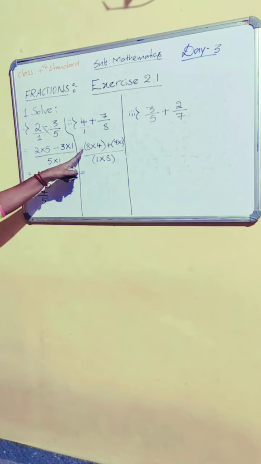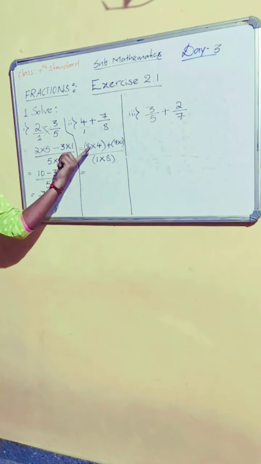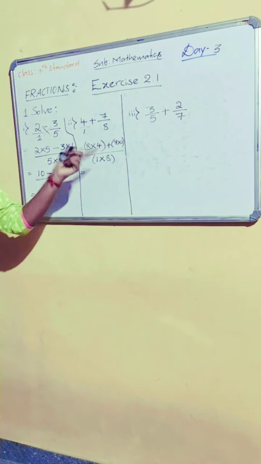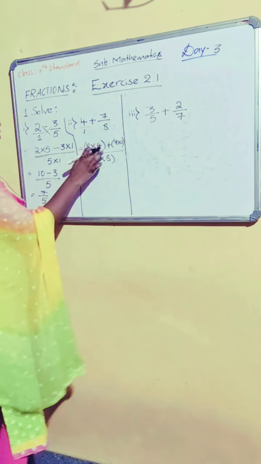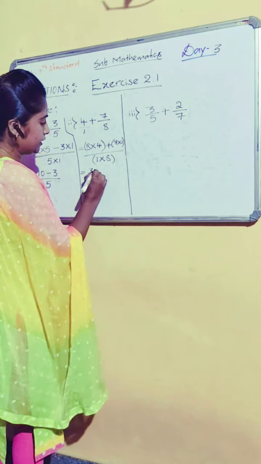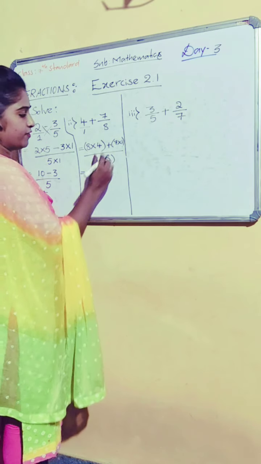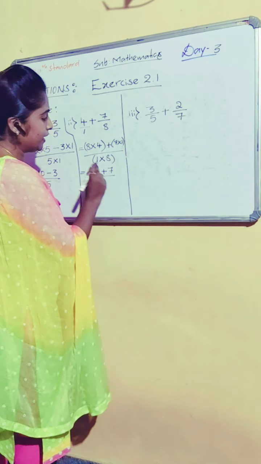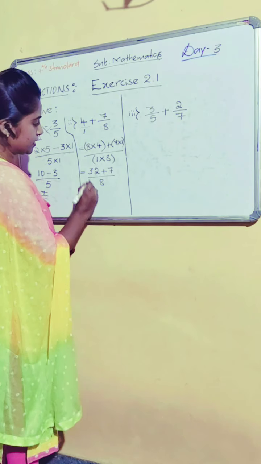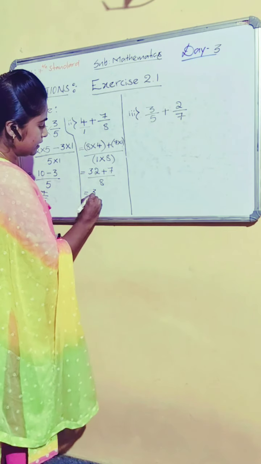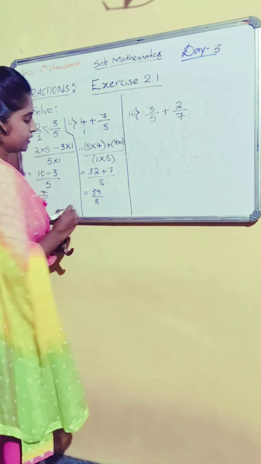No need to get confused; here we can use brackets, but if you are not using brackets also, no need to worry. So 8 4s are 32 plus 7 1s are 7 by 8 1s are 8, which equals 32 plus 7 is 39 by 8.